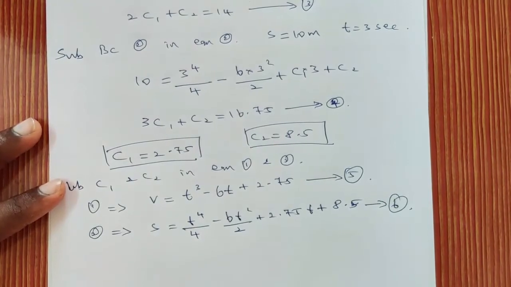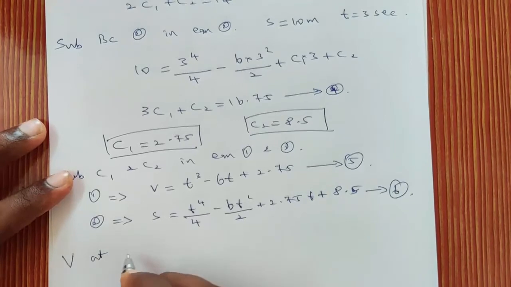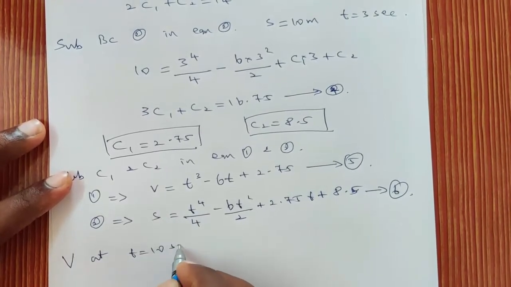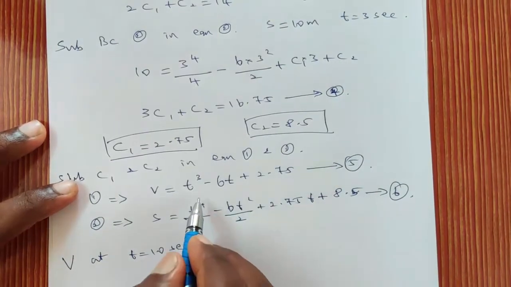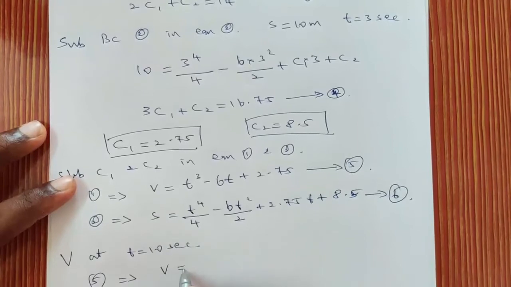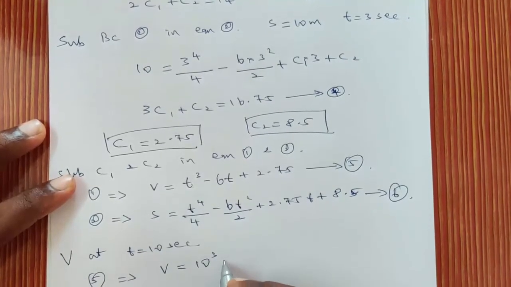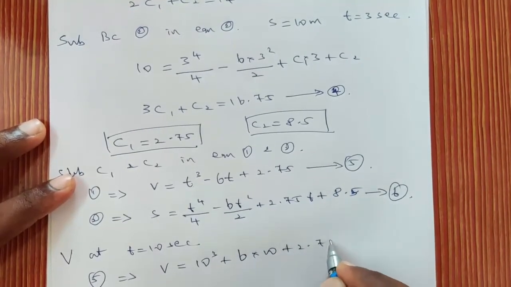Now go back to the problem. We have to calculate v at t = 10 seconds. So in the fifth equation, substitute the value of t as 10 seconds. Equation 5 is v = t^3 - 6t + 2.75; in the place of t, substitute 10: 10^3 - 6 × 10 + 2.75.